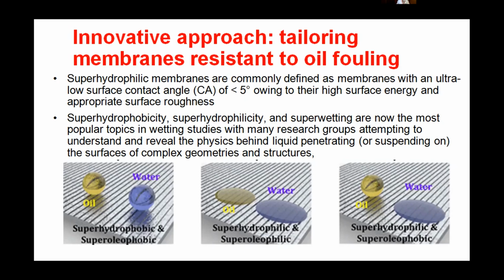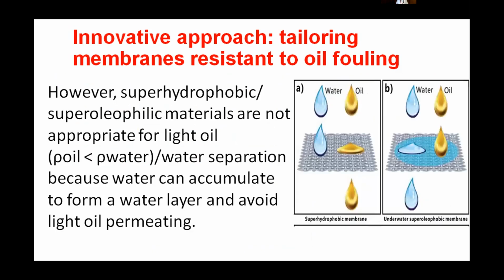And this is very, very promising for the light oils. But for the heavy oil fraction, it's recommended to go through another pre-treatment separation technique before the membrane, because it will be very difficult to prevent a heavy oil fraction from going through the membranes.